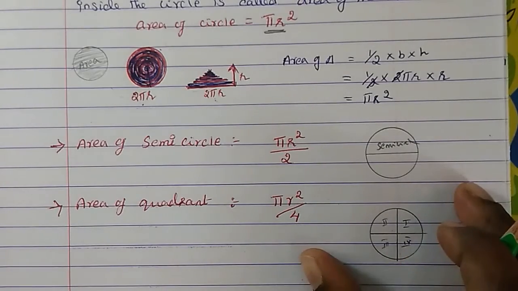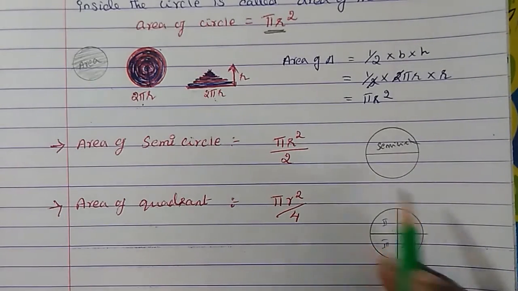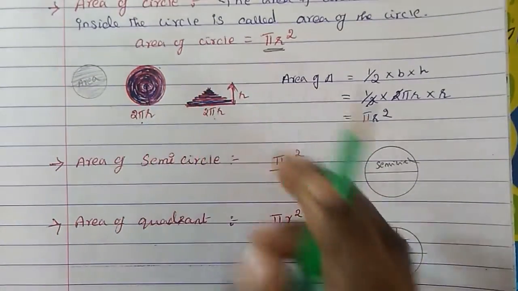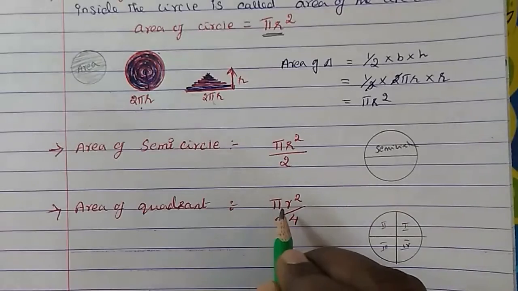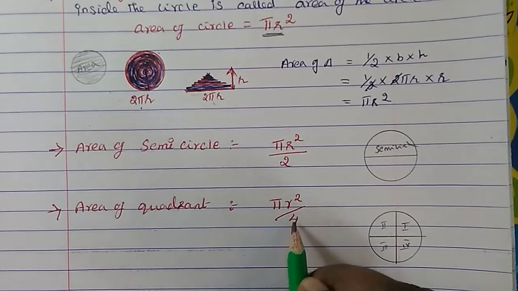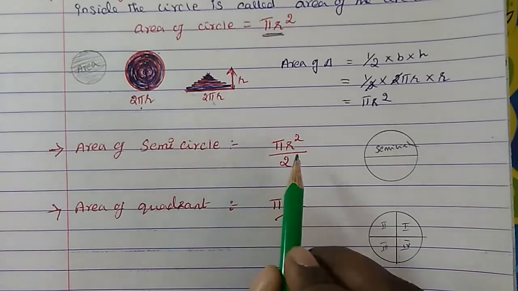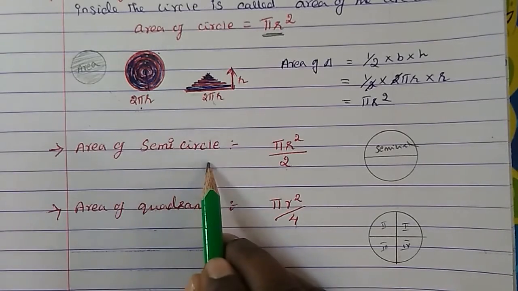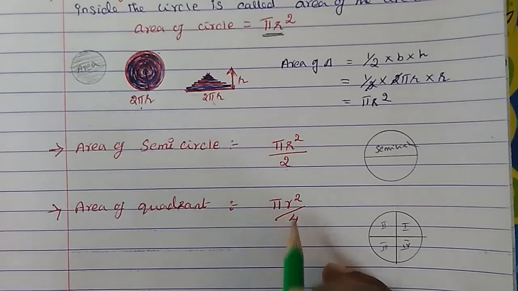The full circle's area is pi r square. When you divide it into 2 parts, we say area of semicircle. When you make it into 4 parts, we say area of quadrant.